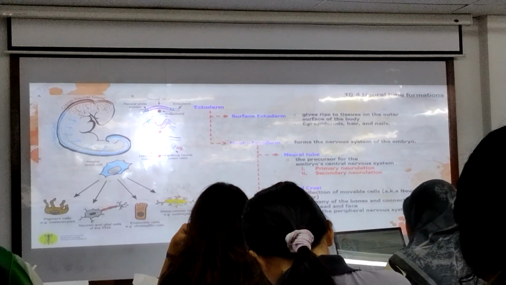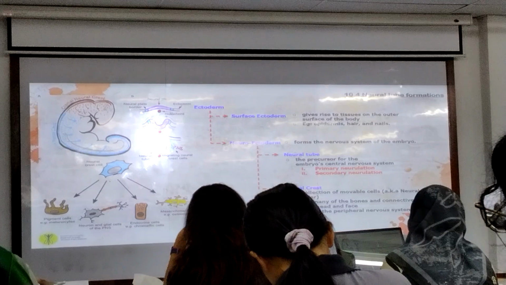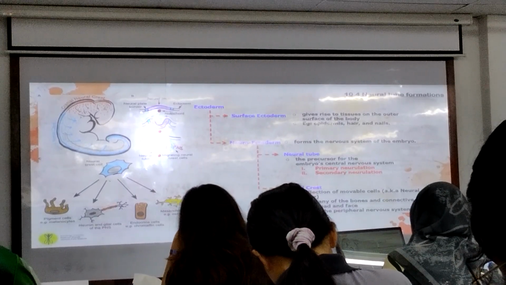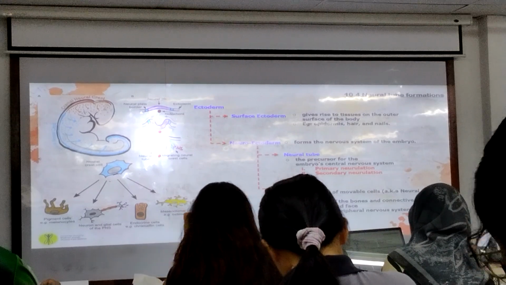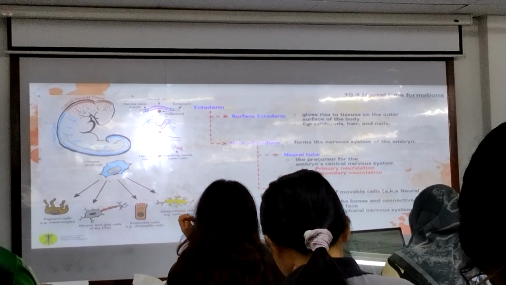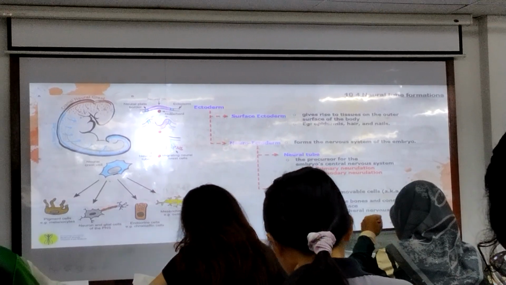Right. When we talk about the neural tube, there are two types of neural relations. Now we have a primary neural relation, and then we have a secondary neural relation. So basically you have two types of neural tube.